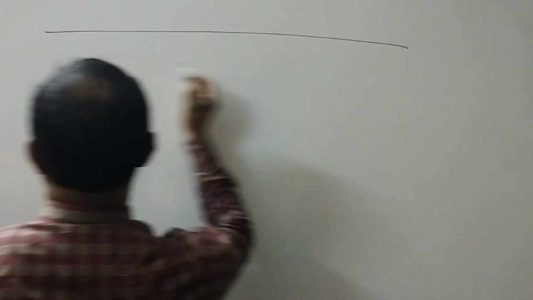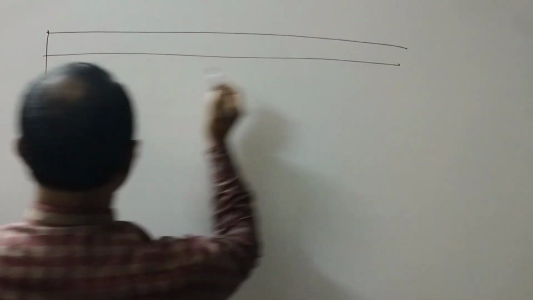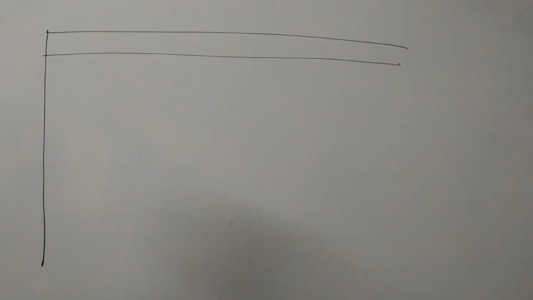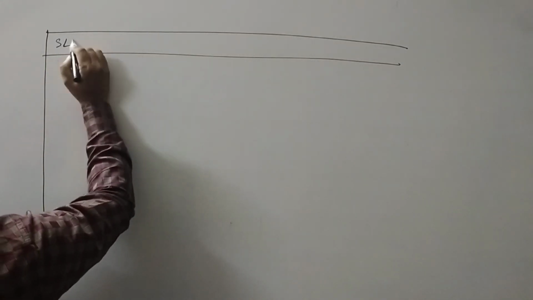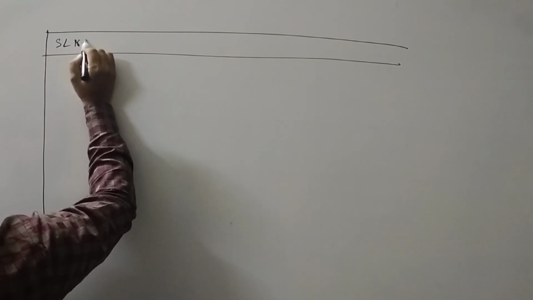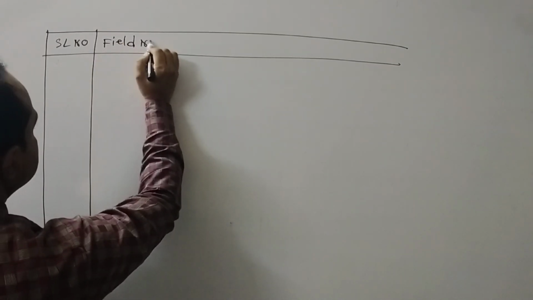To describe it, I will make a chart, and draw along with me. In this chart, there will be only 4 columns. Number 1 is serial number. Number 2 is field name.